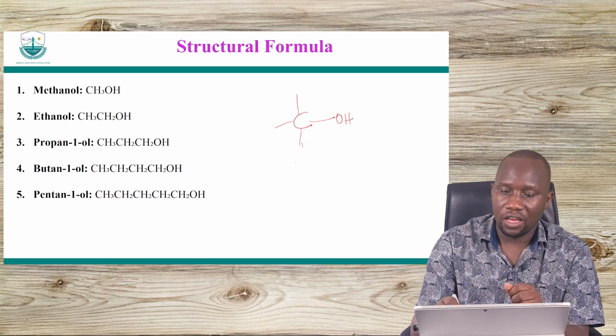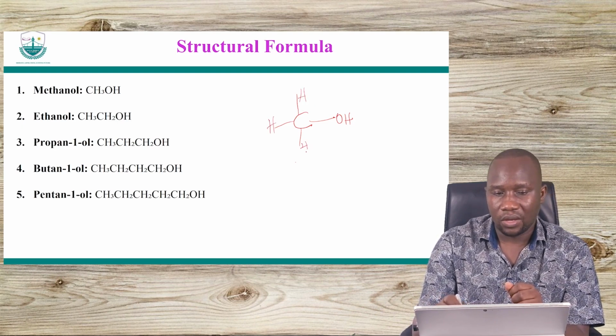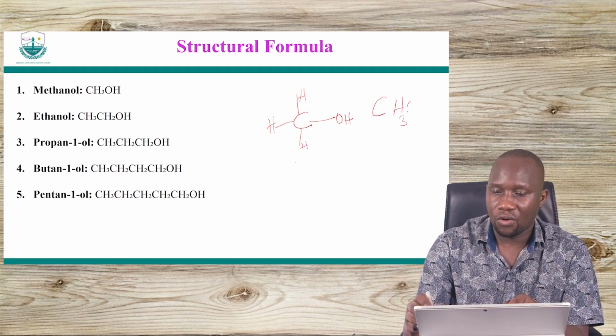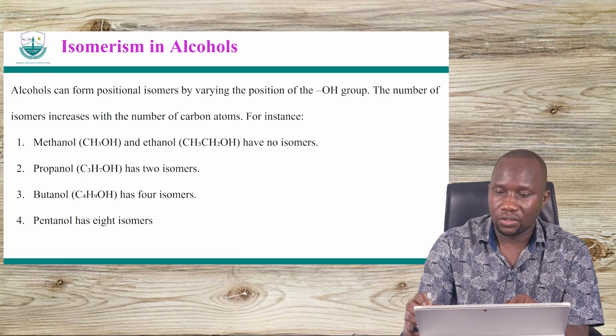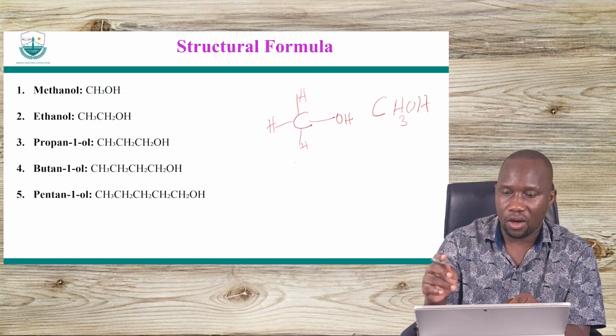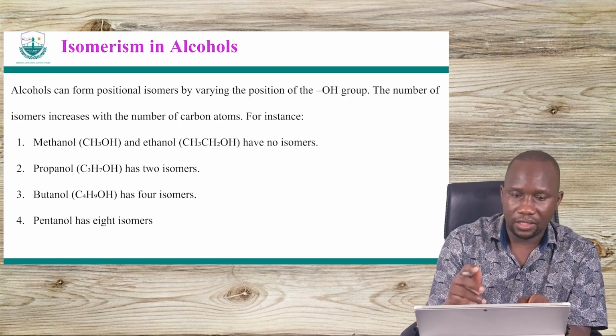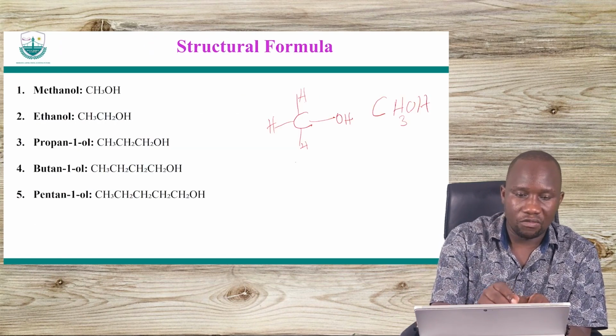So you have the H, the H, the H. That is why you have C, 1 carbon atom, plus the 3 H, and then the OH.